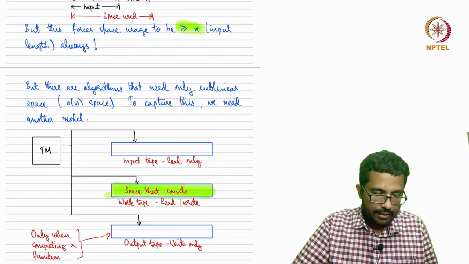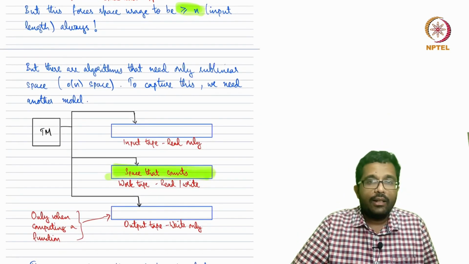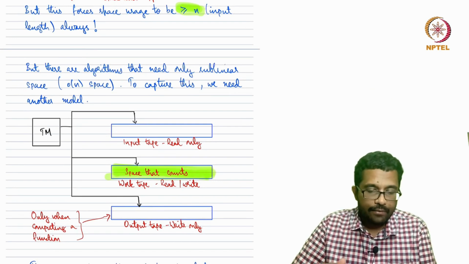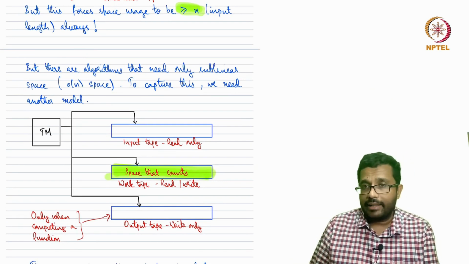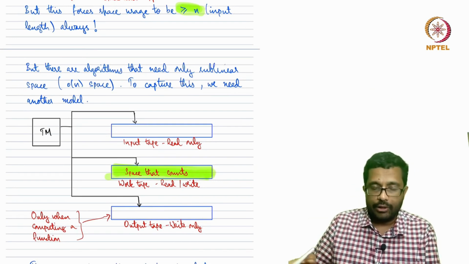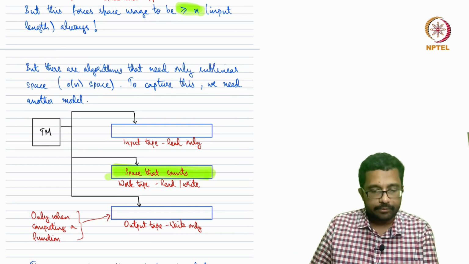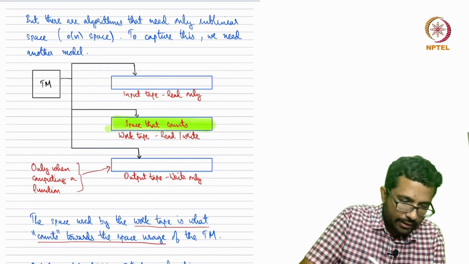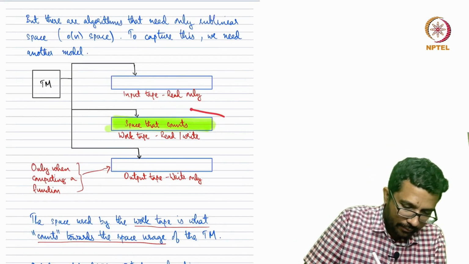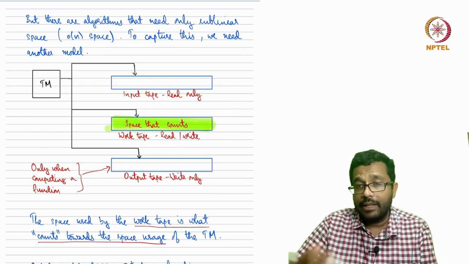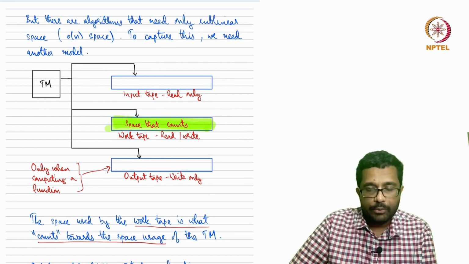So we structured another model where we have the input separated from the work tape, where the input is read only and you cannot work on the input tape, and the space that counts is only the space in the work tape. Now with this model we can make meaningful statements like this problem can be decided in O(log n) space, right?